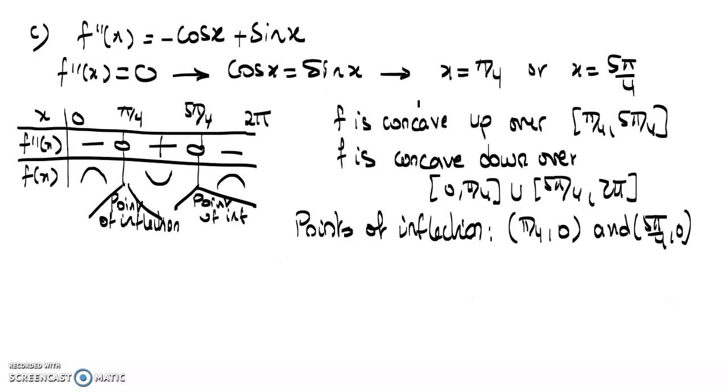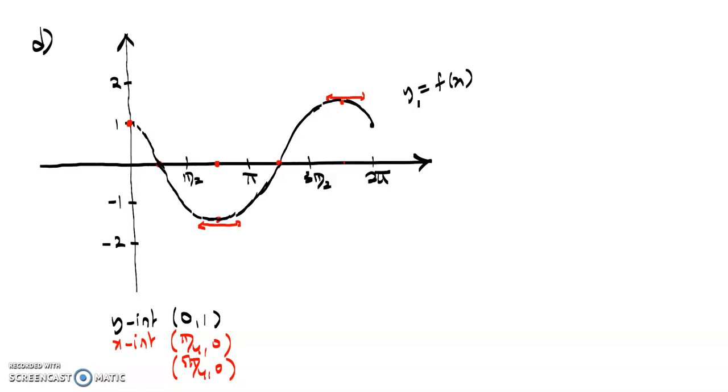And finally, we used the second derivative in order to set up a table of concavity of the function to help us determine where the function is concave up and where it's concave down, in addition to finding the points of inflection of the curve. And all of that together helped me eventually sketch this function.